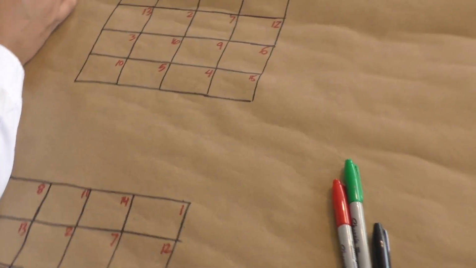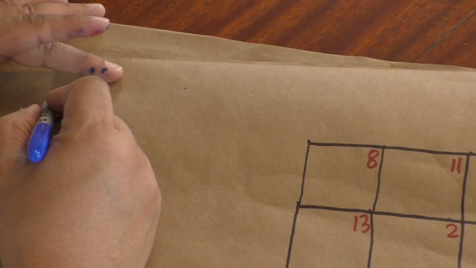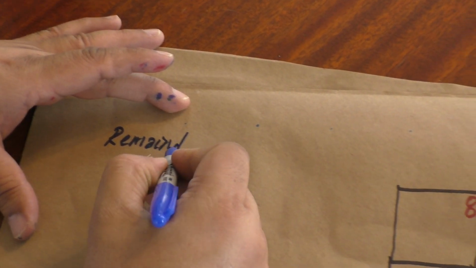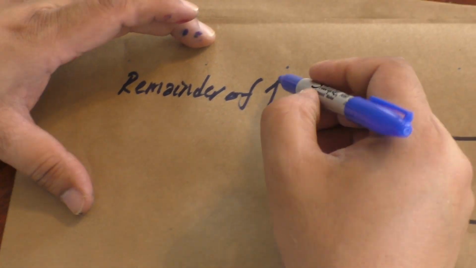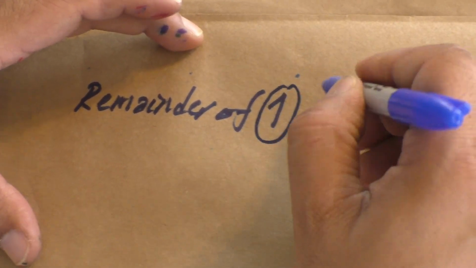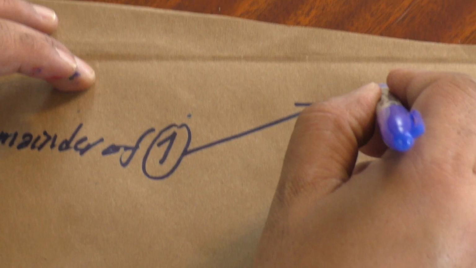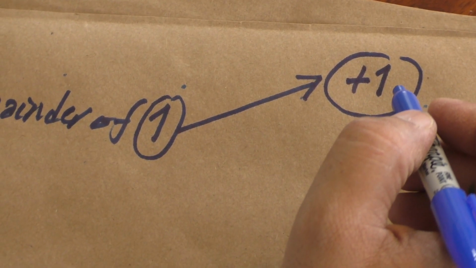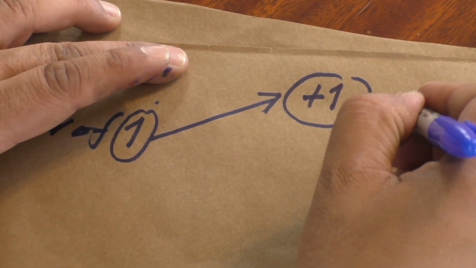So first of all, what are the rules for the remainder? If in dividing by 4, you have a remainder of 1, then you will increase by 1 the value in the 13th cell.